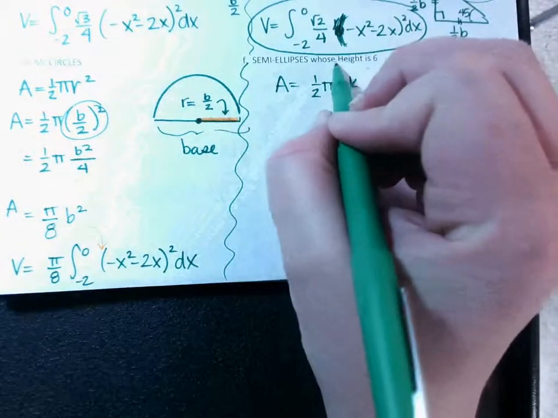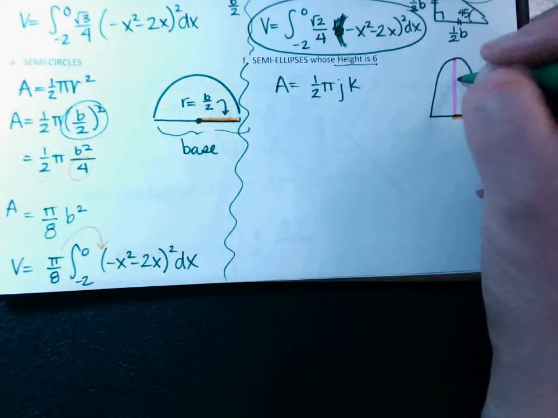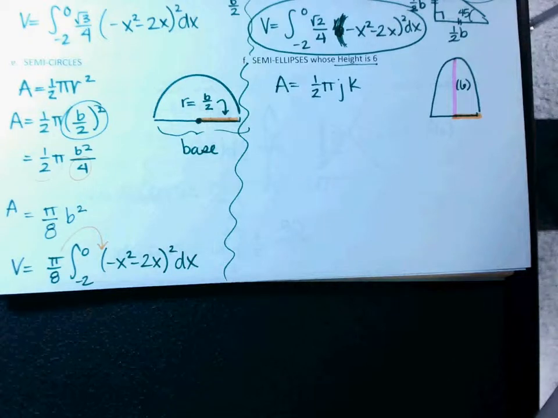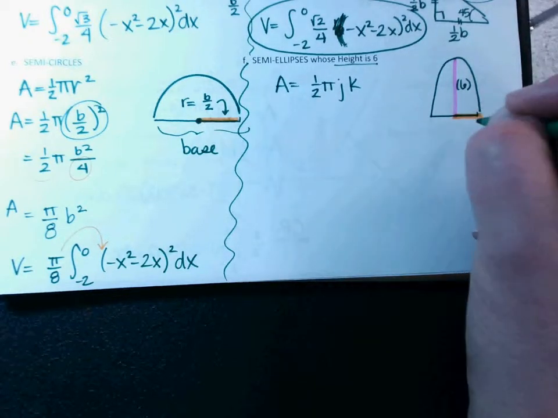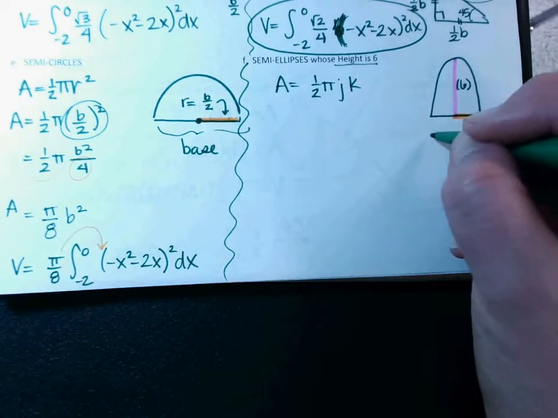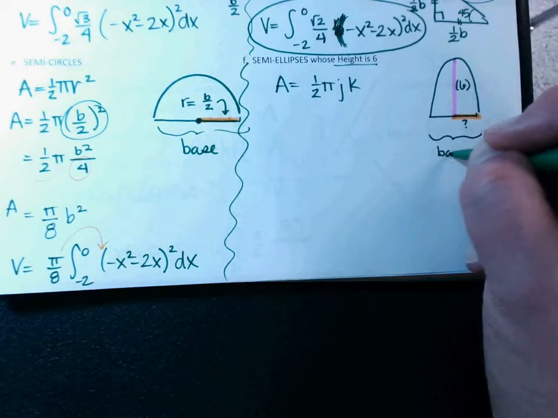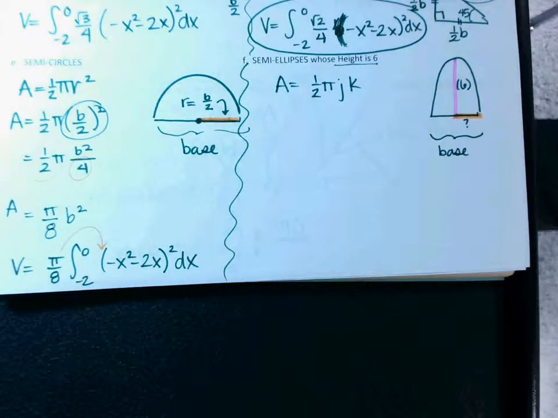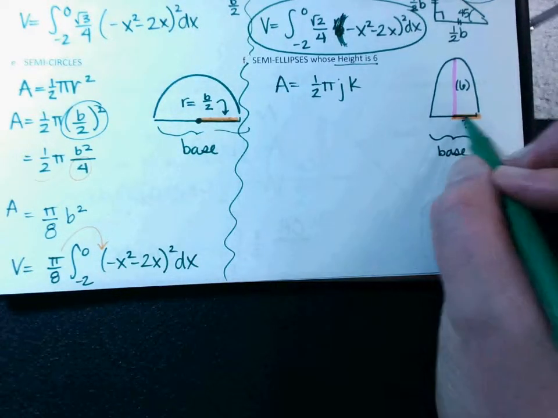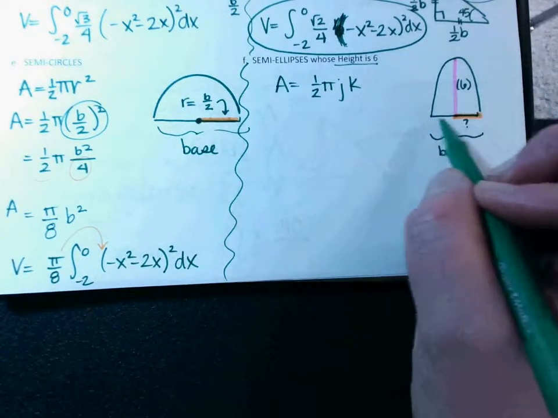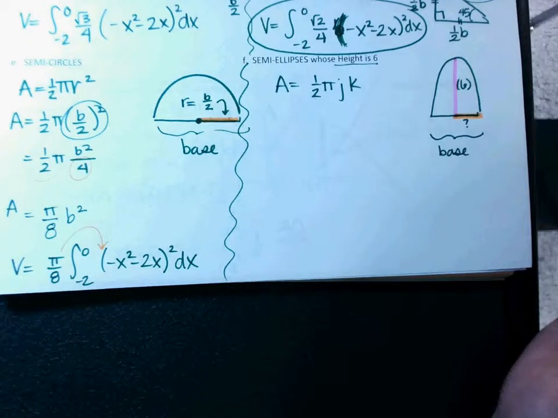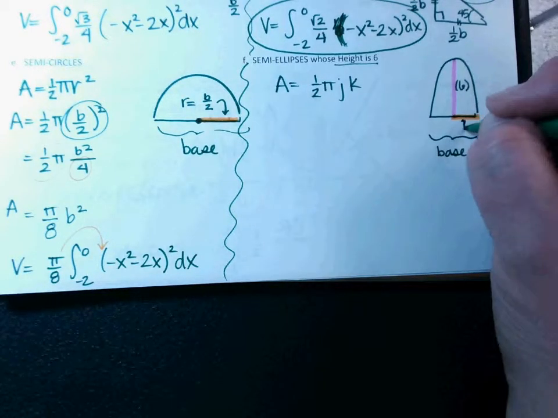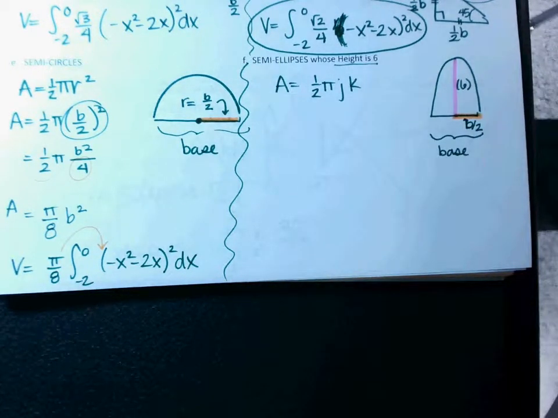It tells me that the height is 6, so I automatically know that side is 6. The question is, what do I put here? If the whole thing is the base, as per the usual, the bottom of your shape is the base, then half of it, because this is kind of like a radius, would be b over 2.